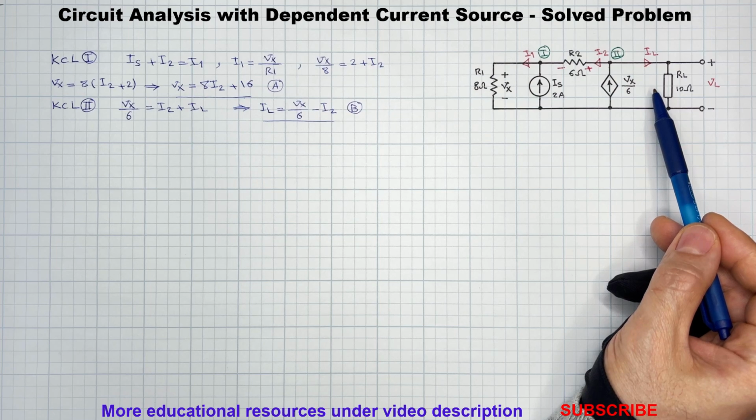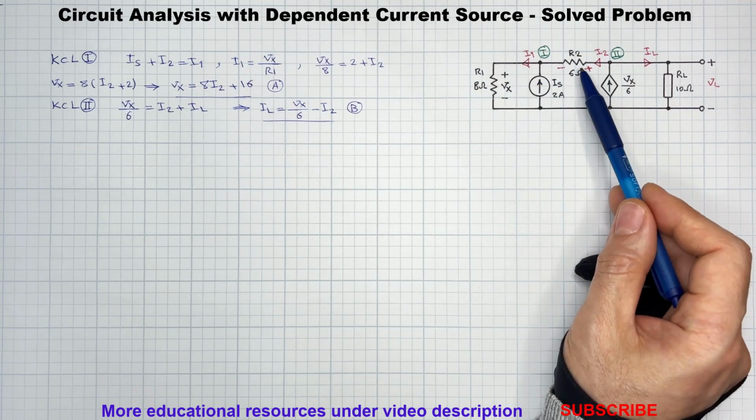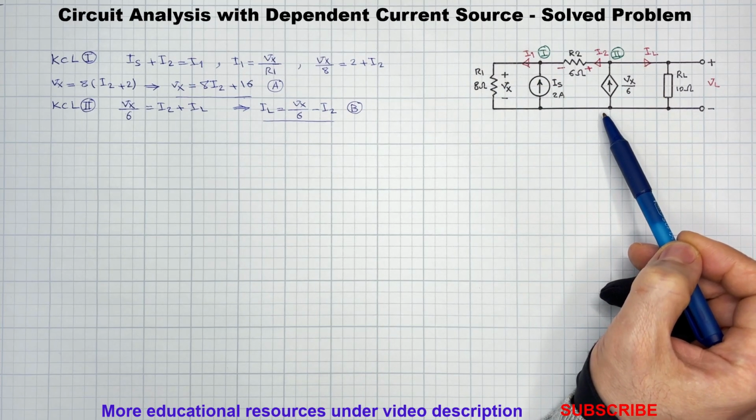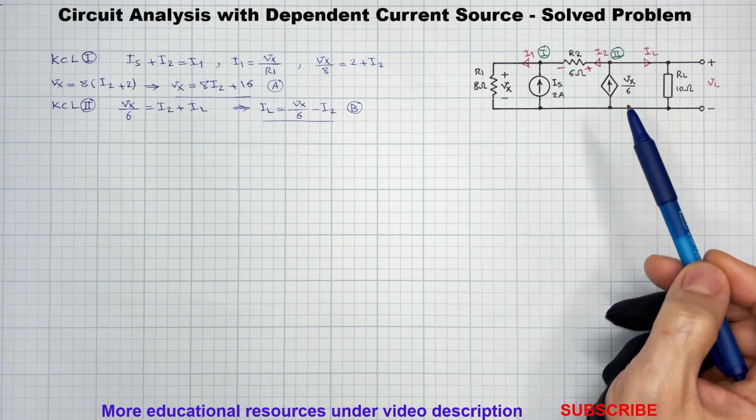As you can see here, based on the direction of the currents we assumed before, the voltage across the resistor RL should be equal to the sum of the voltage across resistor R1 and R2. So let's write a Kirchhoff voltage law, also called KVL.